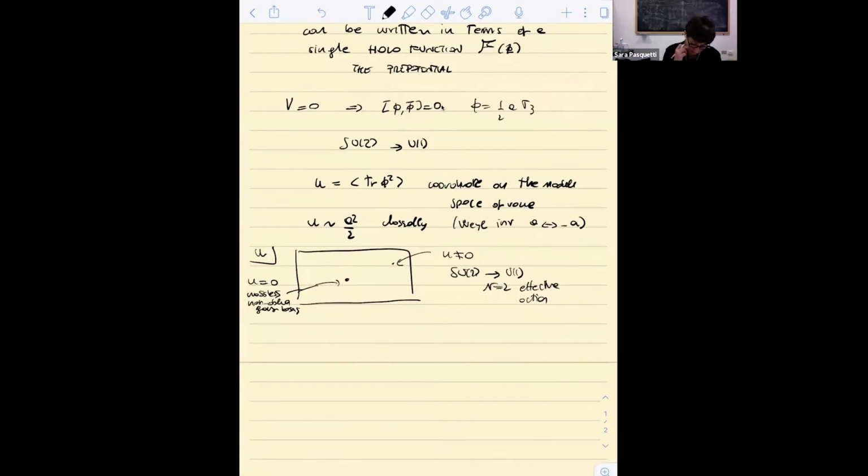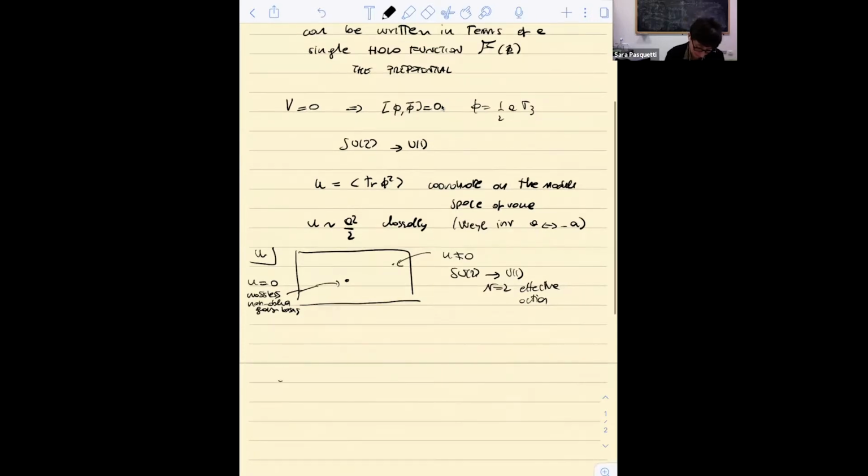So, as I was saying, at generic points where u is different from 0, we expect basically an N=2 abelian vector multiplet.